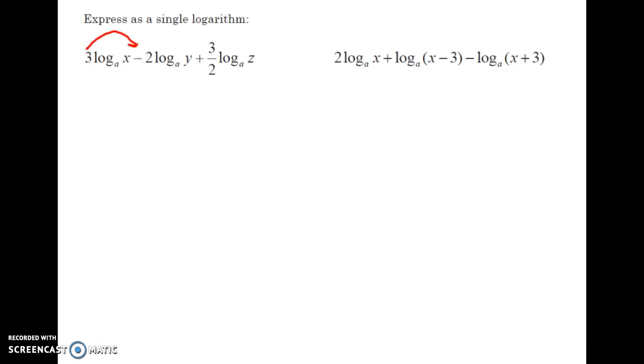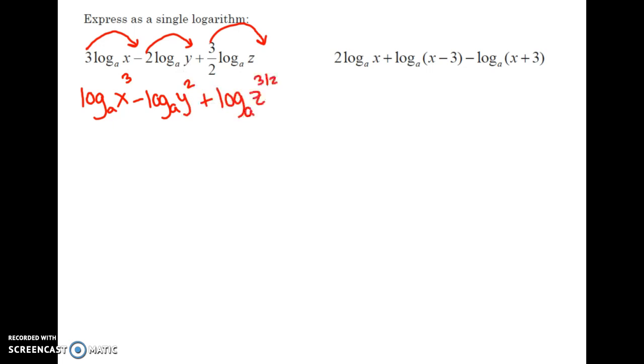So this 3 is now going to come up, this 2 is going to come up, and this 3/2 is going to come up. So that'll be log A x to the third minus log A y to the second plus log A z to the 3/2.